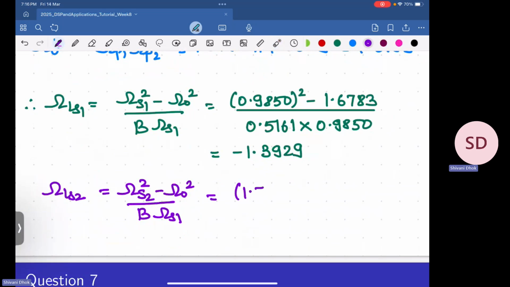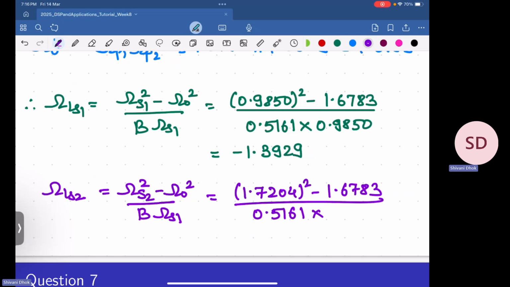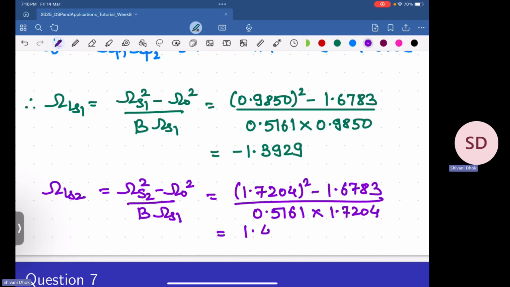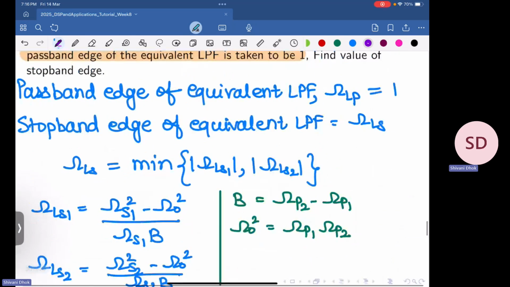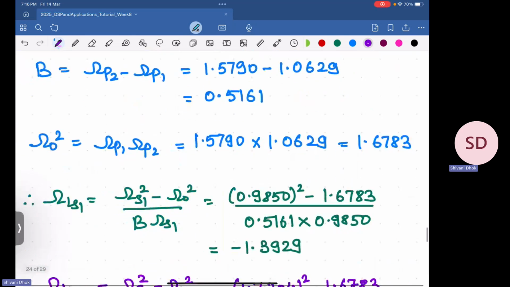So this is 1.7204 square minus 1.6783 divided by 0.5161 into 1.7204, and when we solve this, this comes out to be equal to 1.4433. So we have omega ls1 and omega ls2, and this omega ls is min of magnitudes of these two.